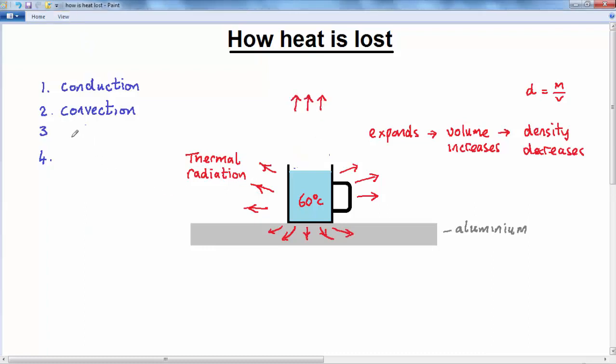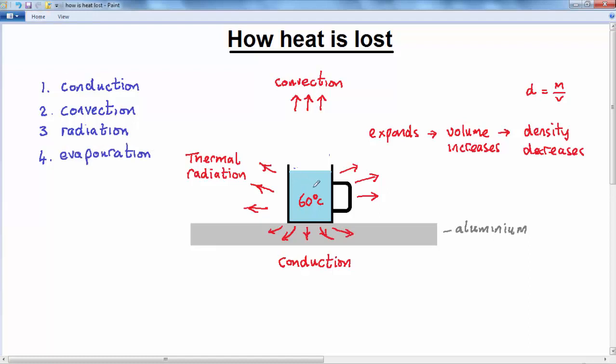So the third way is through radiation. First of all we've got conduction, that's heat being lost through contact between the mug and the aluminium surface. Then we've got convection, and thirdly we've got thermal radiation, and then fourthly, the fourth method in which heat is lost from this mug, which really relates to liquids, is through evaporation.